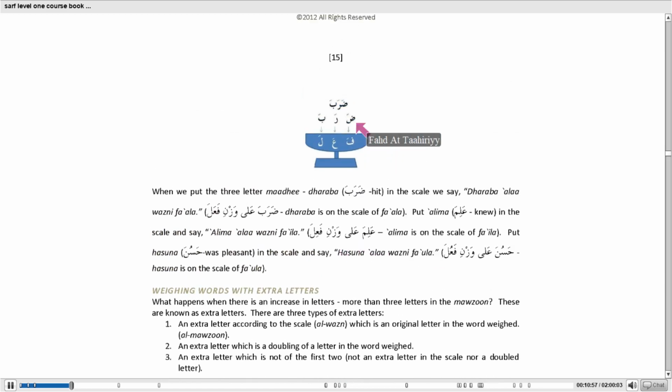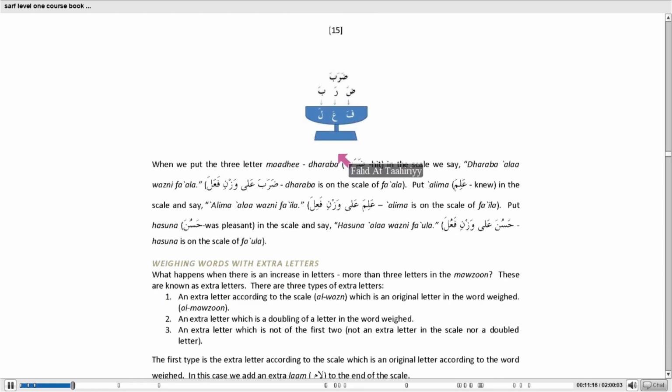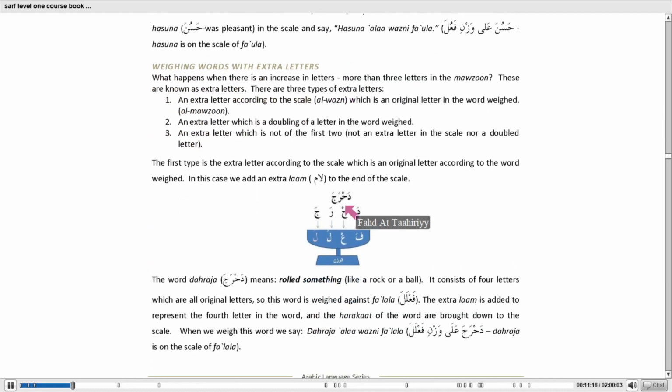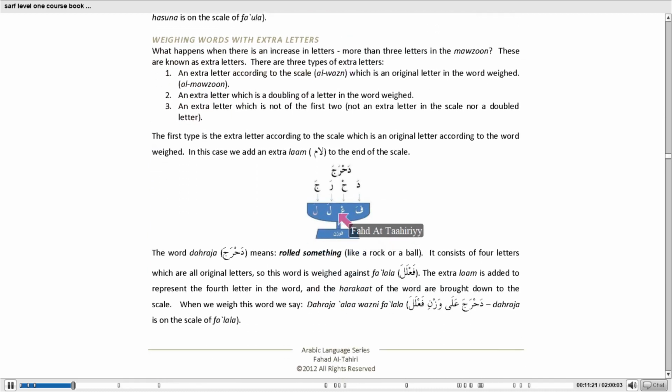And with the 3-letter words, it was easy to weigh them, considering that the scale is also 3. So it was even when it is a 3-letter verb. But here it's not.